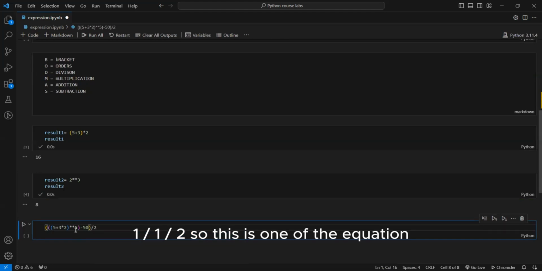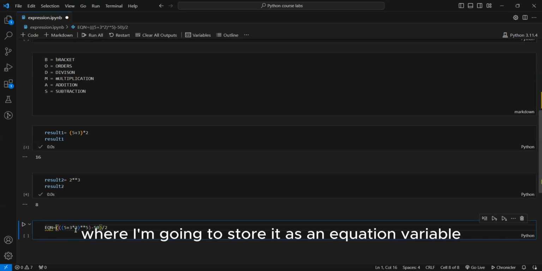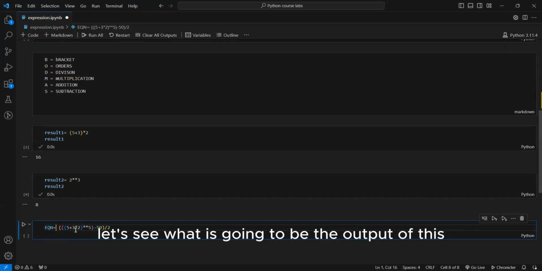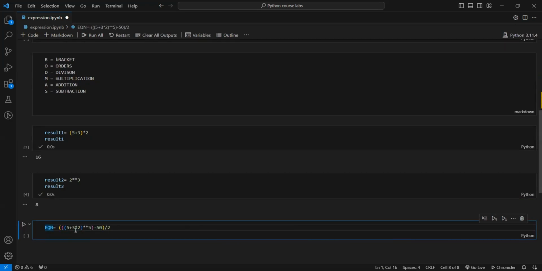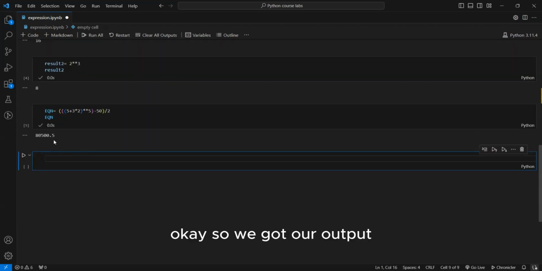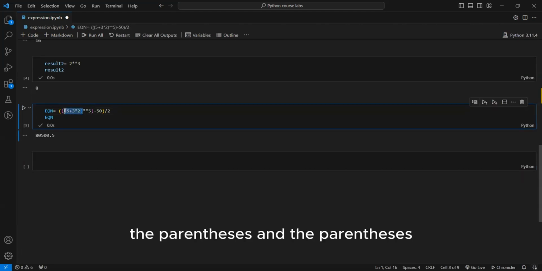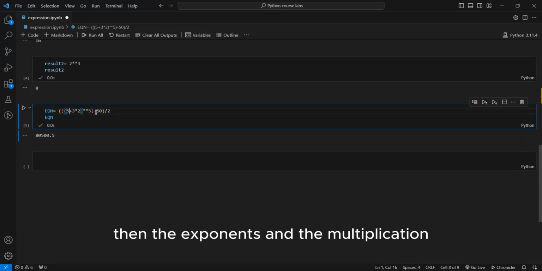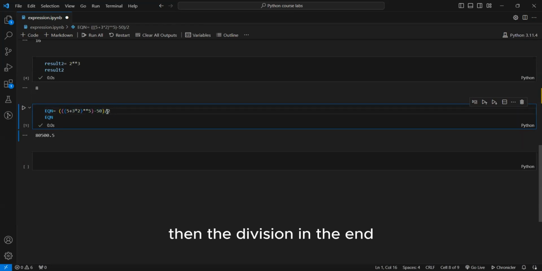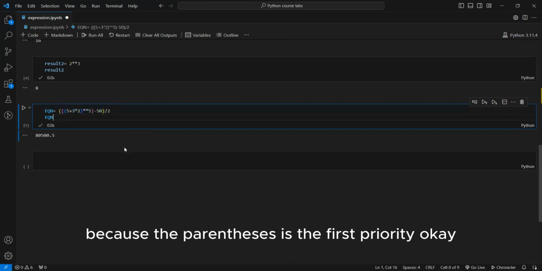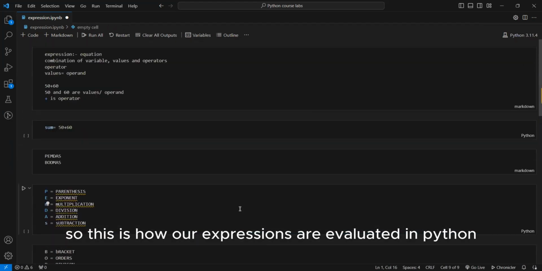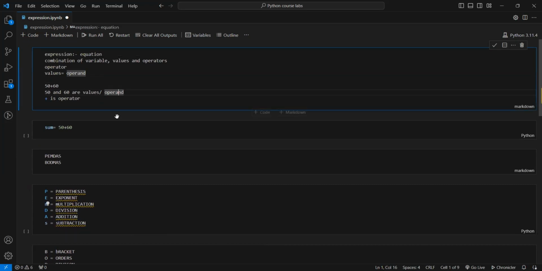So this is one of the equations where I'm going to store it as an equation variable. Let's see what the output of this is going to be. So we got our output. It evaluates one by one the parentheses, then the exponents and the multiplication, then the division in the end, because the parenthesis is the first priority. So this is how our expressions are evaluated in Python.